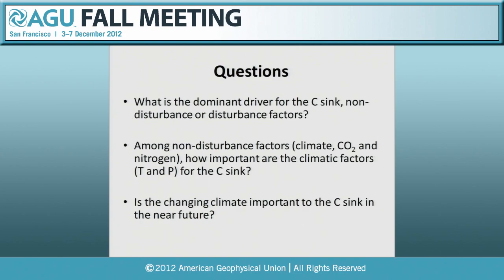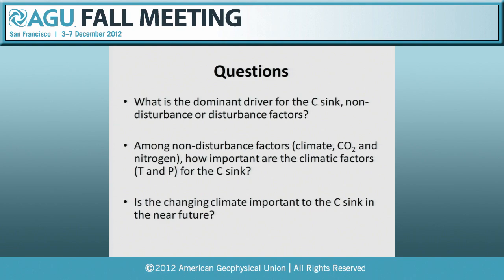The questions we would like to address are: what is the dominant driver for the carbon sink, whether non-disturbance or disturbance factors? And among the non-disturbance factors, which include climate, CO2, and nitrogen, how important are the climate factors, temperature and precipitation, for the sink?